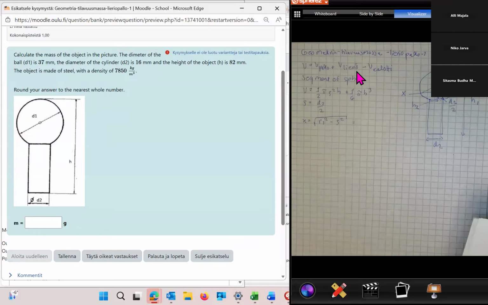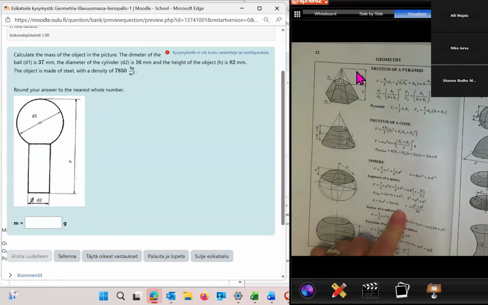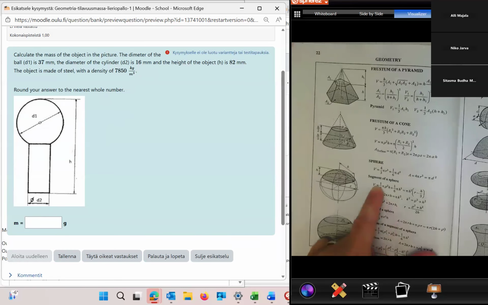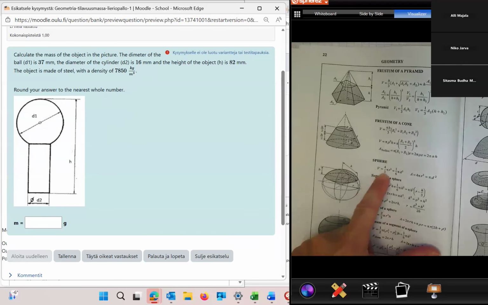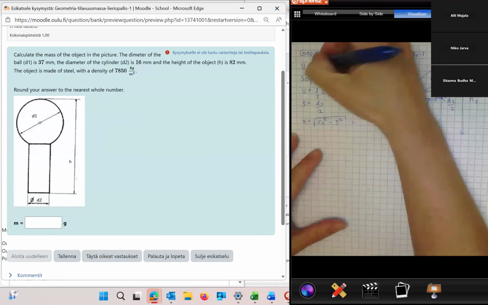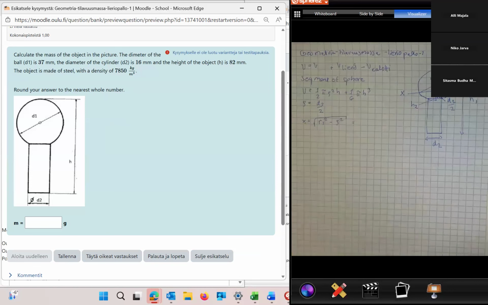But the formula stuff you can find from page 22. There's, for example, the volume of the sphere. So I had written there. Then I'm gonna write instead in English.